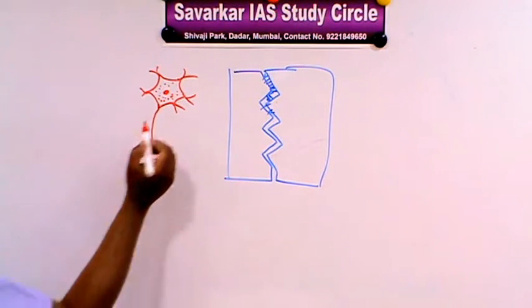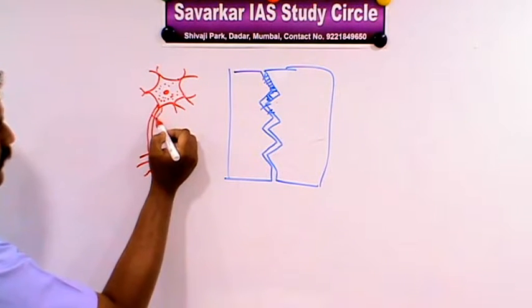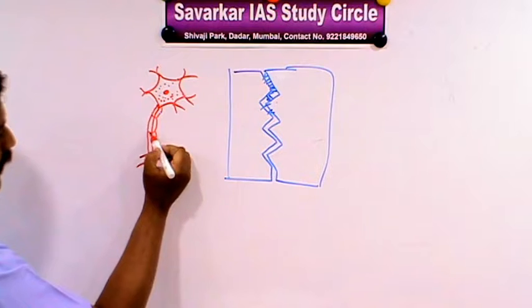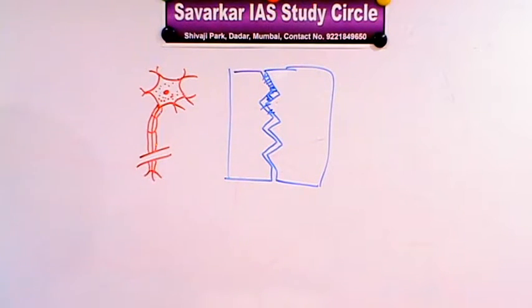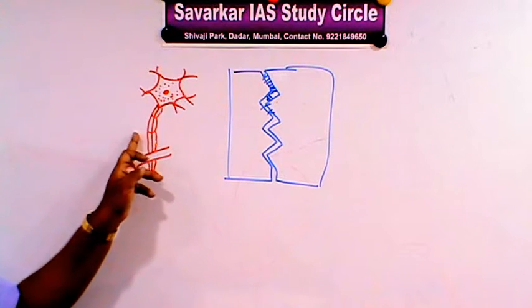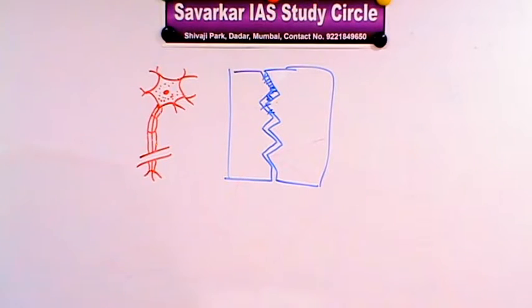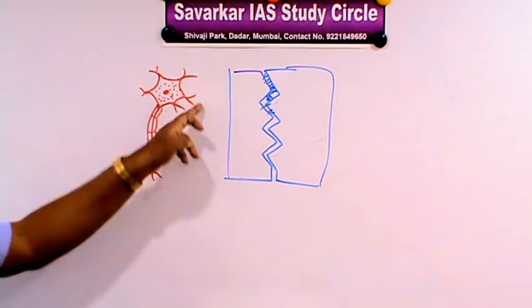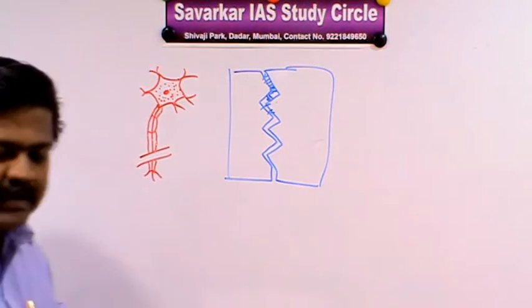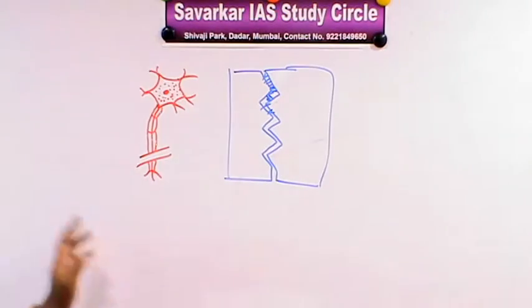This axon is covered by a white sheath made of a material called myelin. Because it is covered by the myelin sheath it is white in color, whereas the part having the nerve cell is grey in color. This way you can keep in mind the names and structure of the cell.